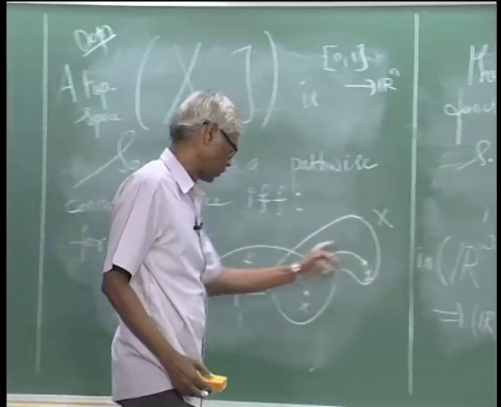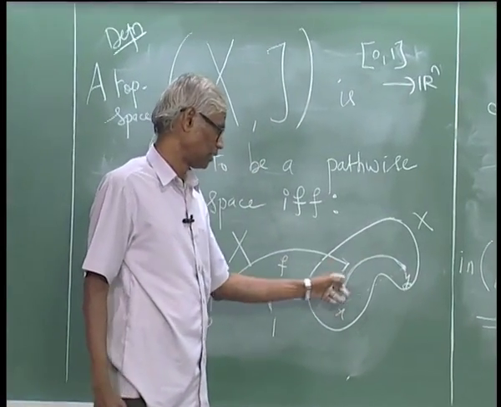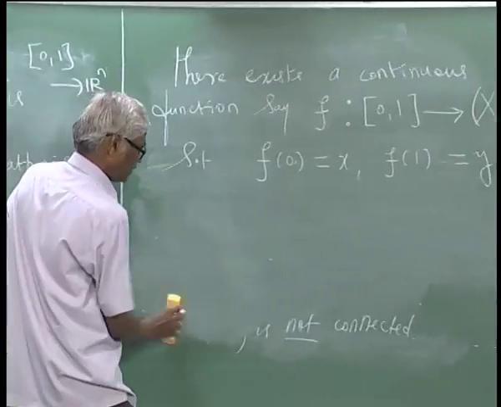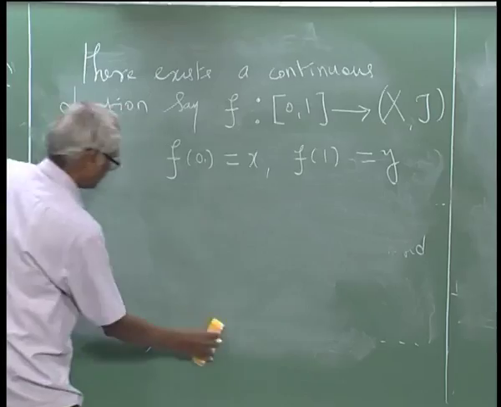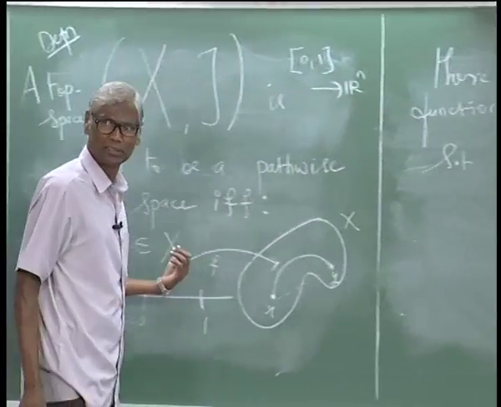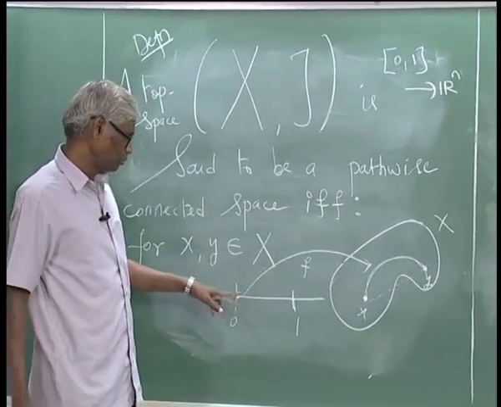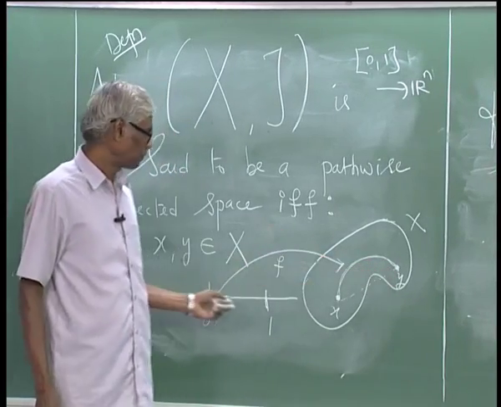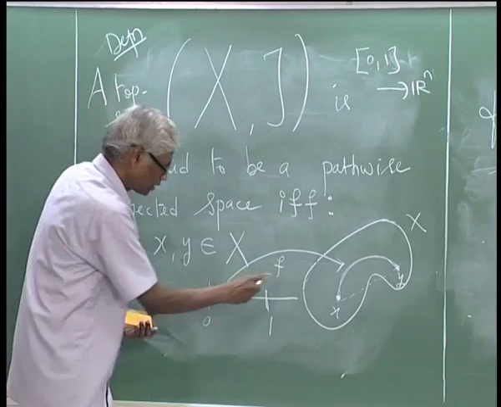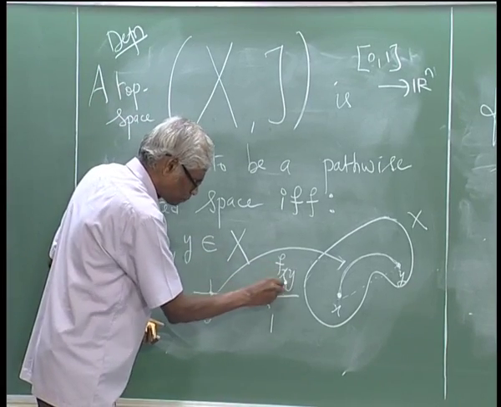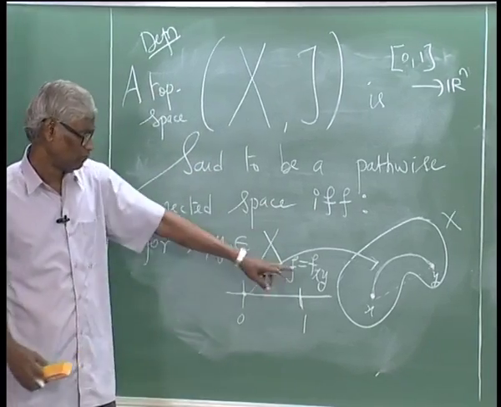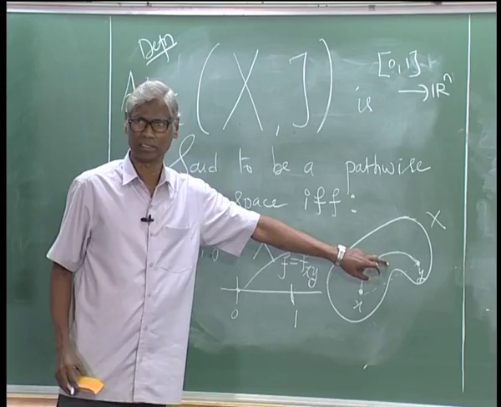That is why we are joining x and y with a curve. Then we say that the space is pathwise connected. This should be true for each pair x, y, and the function f in general depends upon x, y. It means we will not get the same function naturally.